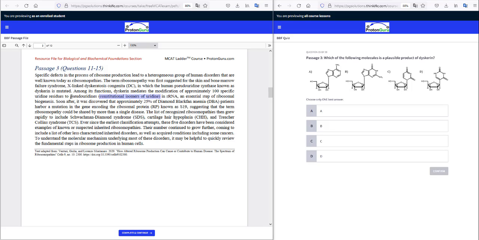We're told that we make pseudouridines with this enzyme. D has all the exact structural features, the same atoms anyway, of the uridine, but you see I've got it attached to a different site along the ring. So D is definitely a constitutional isomer of uridine.